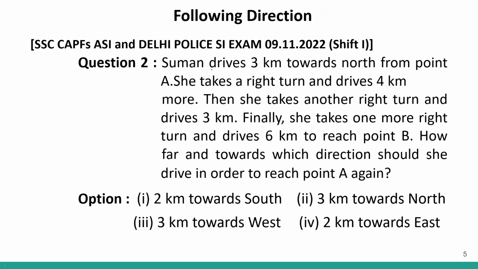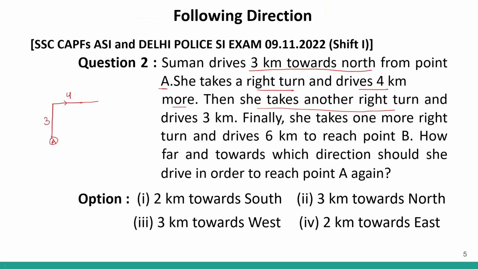Now, Suman drives 3 kilometers towards north from a point A. So there's a point A and Suman is driving 3 kilometers towards north. She takes a right turn and drives 4 kilometers more. So right turn will be in this direction and she drives 4 kilometers more over here.